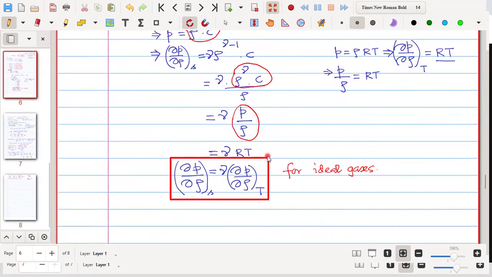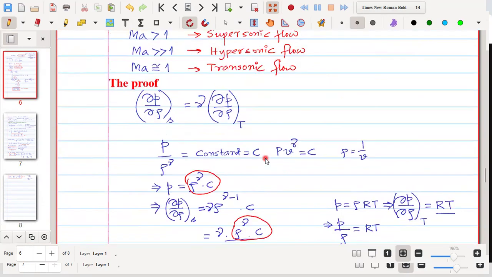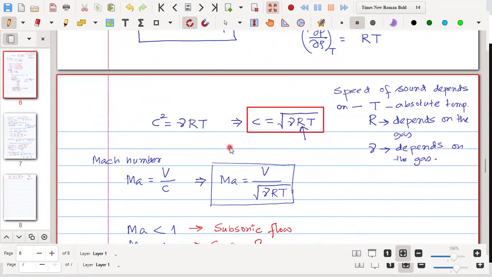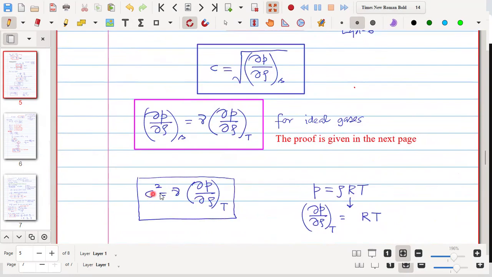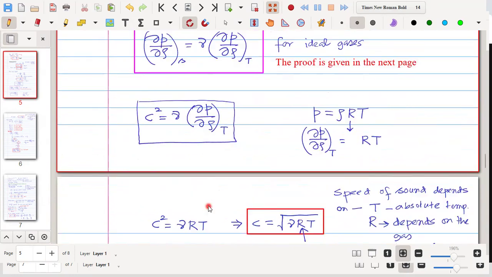You see, c square is equal to this one, and this is equal to del P del rho at constant S. So this is equal to C square basically. So that we have seen in one of our earlier classes.